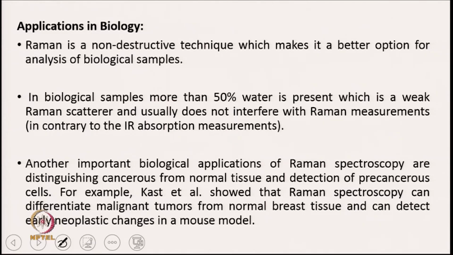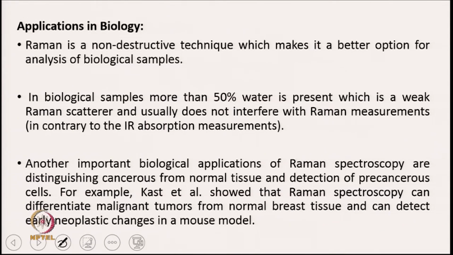This is a non-destructive technique, which makes it a better option for analysis of biological samples. In biological samples, more than 50% water is present, which is a weak Raman scatterer and usually does not interfere with the Raman measurement, which is not the case in IR measurements.